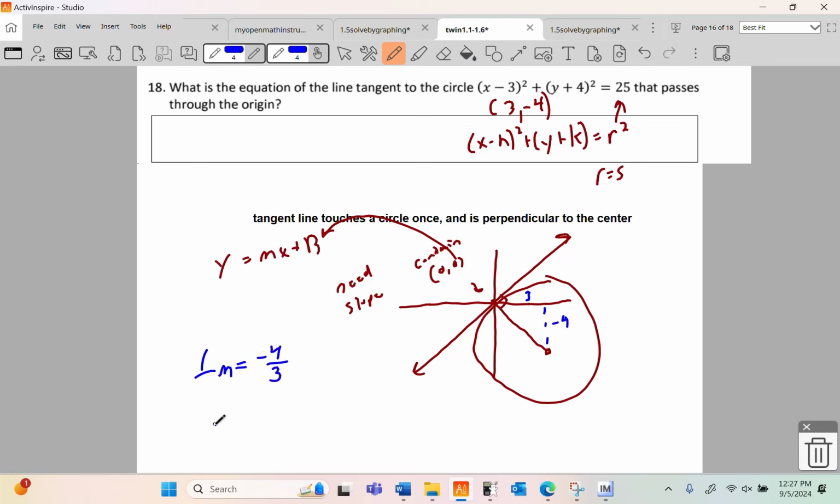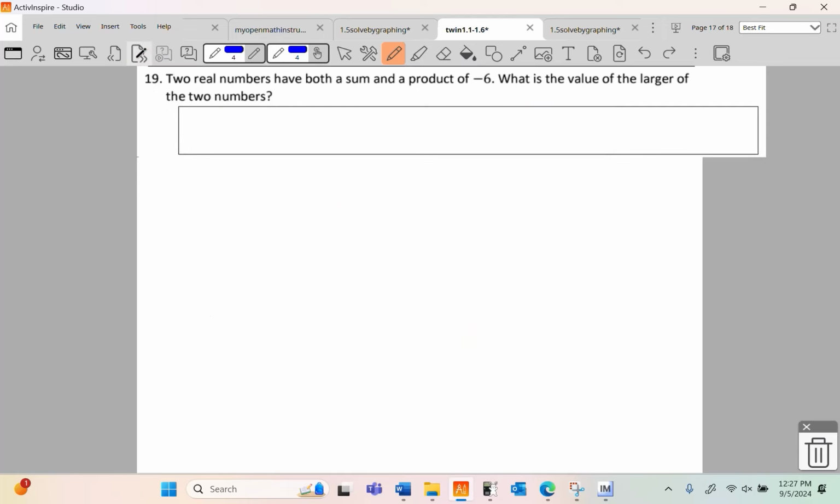So when I talk about my line, the slope is the opposite reciprocal, -3/4. And I can just put that right there. It passes through the origin. I don't see anything wrong with that. So y is simply -3/4 of x. It's a pretty easy problem, actually. I thought it'd be harder and more challenging than that, but no, that was super easy. That's not a geometry question. That's an algebra 2 question.